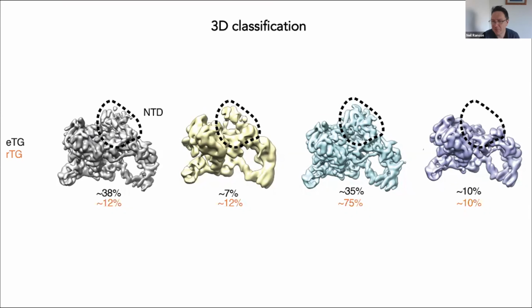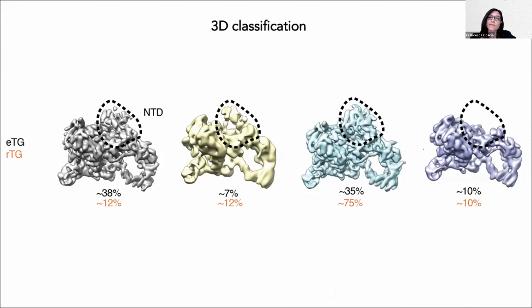Then there's a follow-up question which is related to what you just said. Is there any reason applying the C2 was not enough to get high resolution and you had to go for symmetry expansion? Yes, since it's elongated, the extremities are flexible. I first applied it.